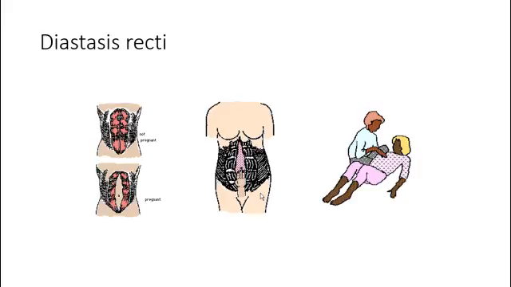And what you see on the far right is just the therapist testing for presence of the diastasis recti. And I'll just note that in your Kisner and Colby book, all these pathologies are described, so you can refer to the pregnancy chapter and the common pathology section of your book.